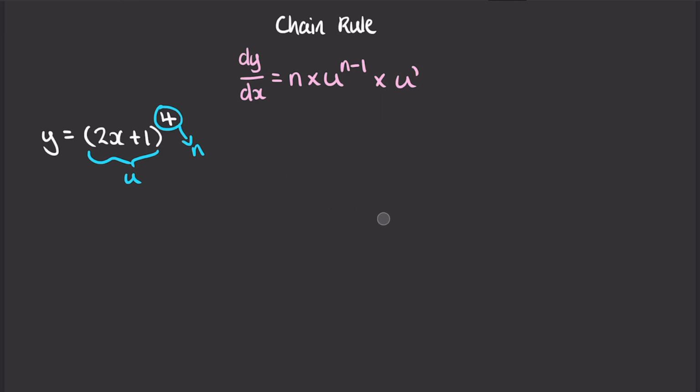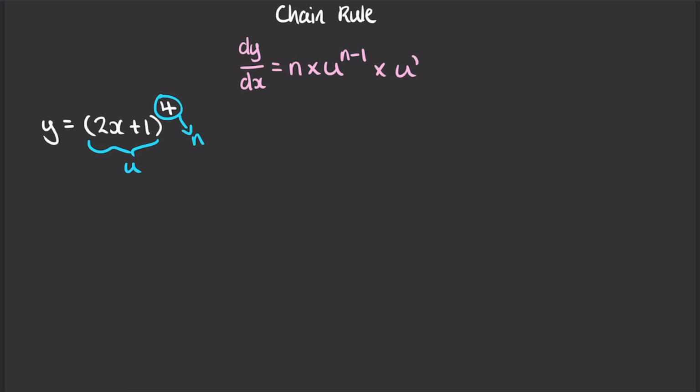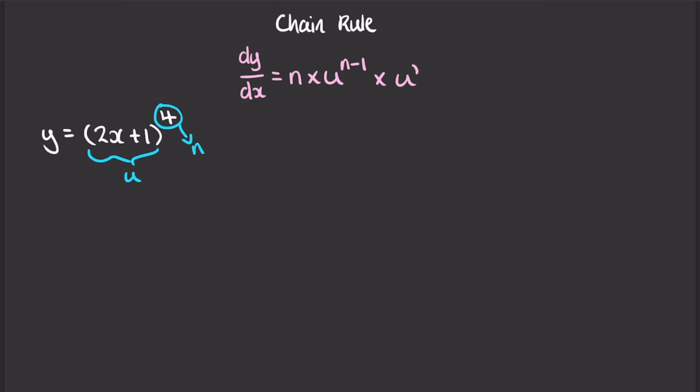So chain rule is useful if you want to differentiate these in-bracket kind of equations. Here, we wouldn't have to expand the brackets to the power of 4 to differentiate, and we would only need to use the chain rule. So let's just get started. Hopefully that explanation wasn't too clumsy and it made sense.